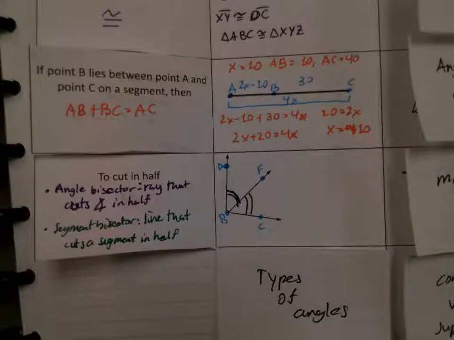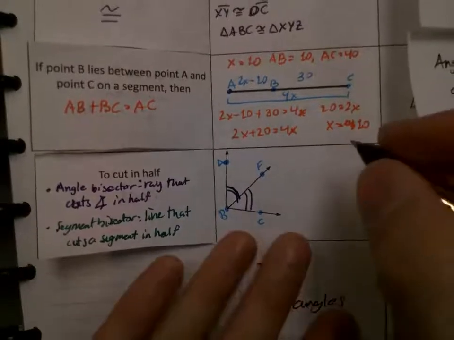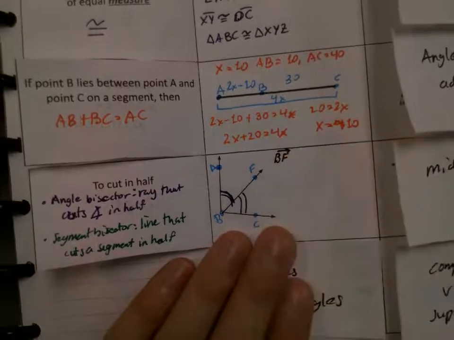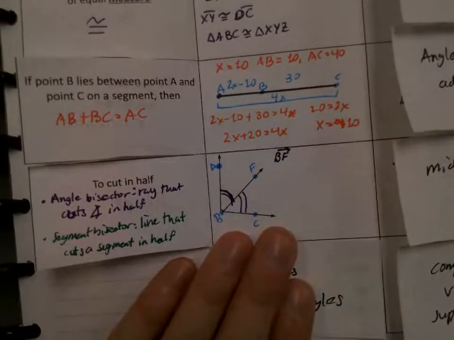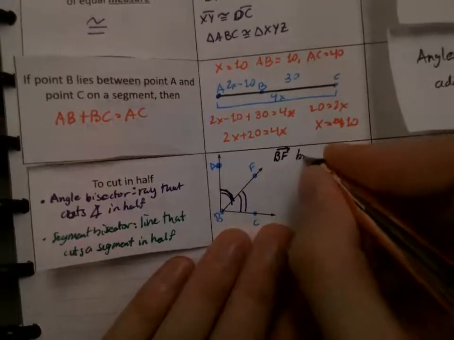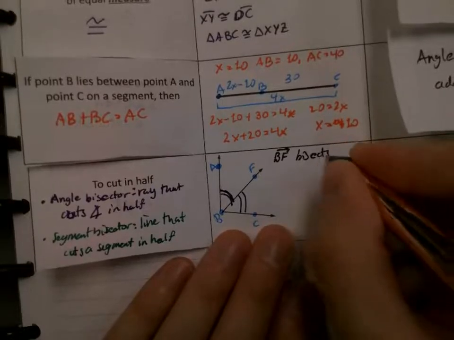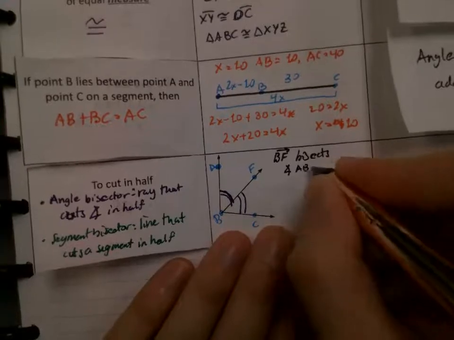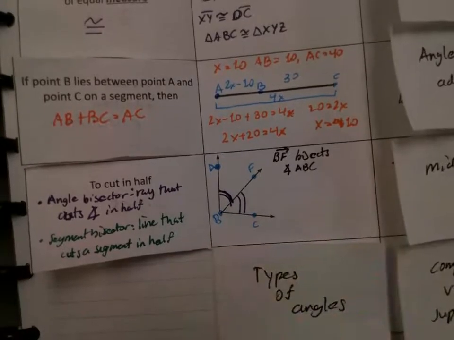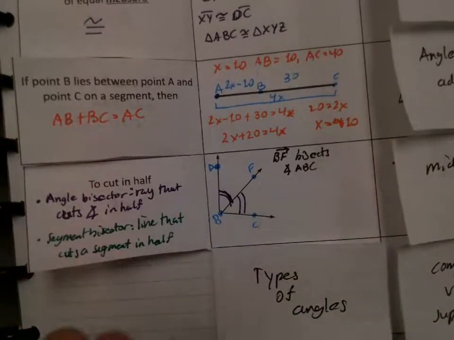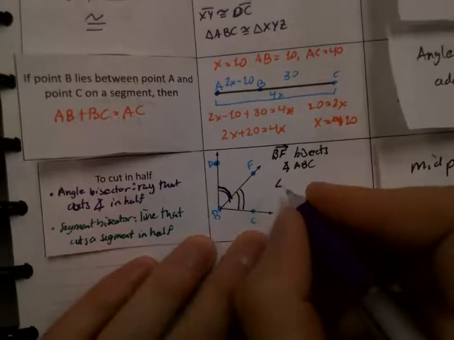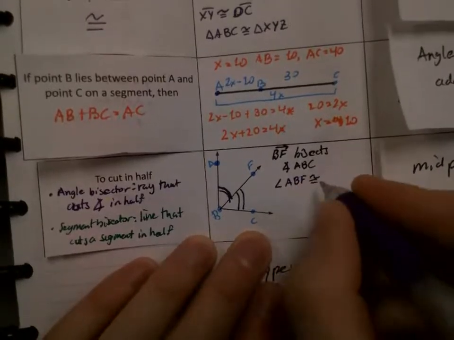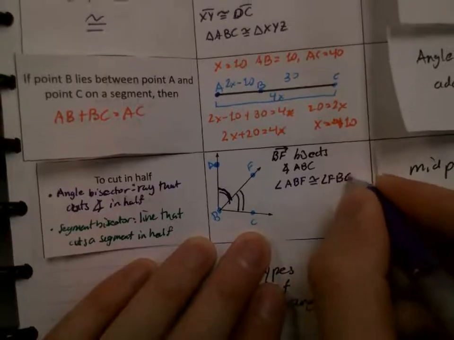I make the statement that ray BF bisects angle ABC. That means that angle ABF is congruent to angle FBC.